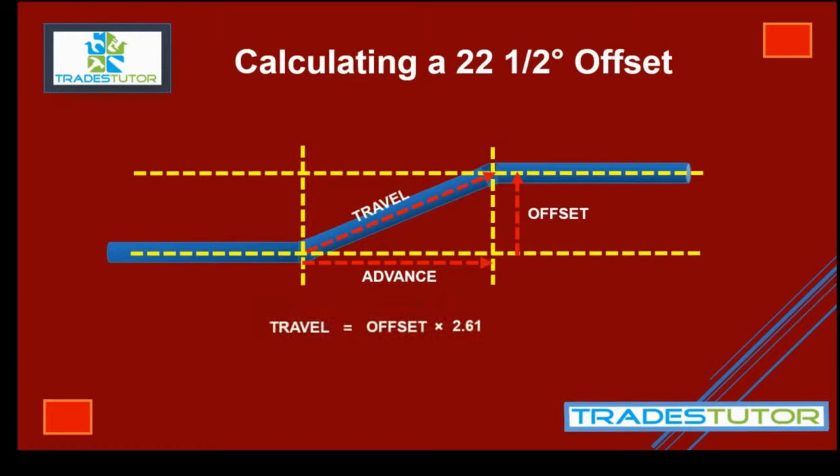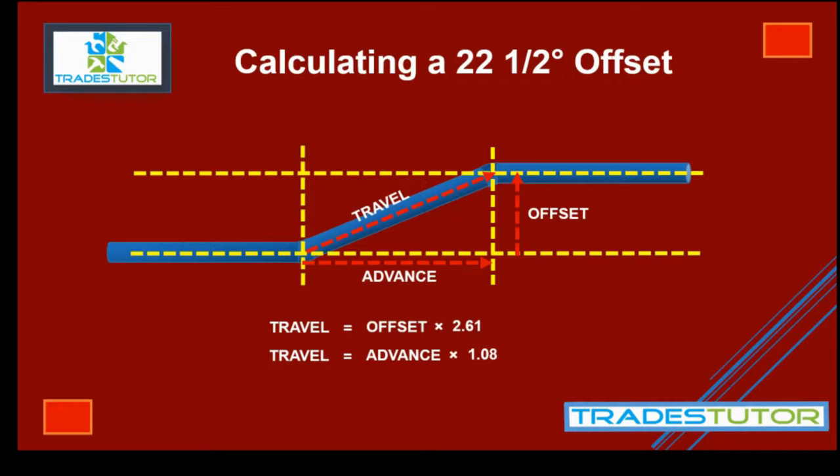Now, there's a couple of equations. There they go. I'll give you a second to take a look at those. Both relate to getting the travel. The first one deals with the offset. The travel is 2.61 times bigger than the offset, or the travel is the offset times 2.61.